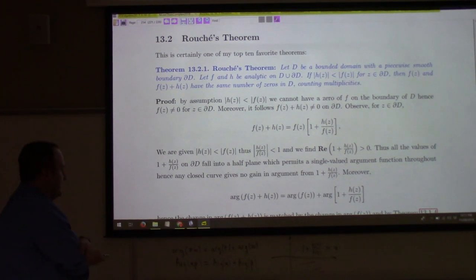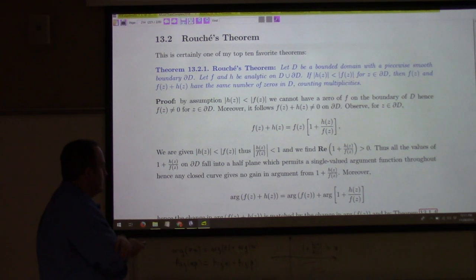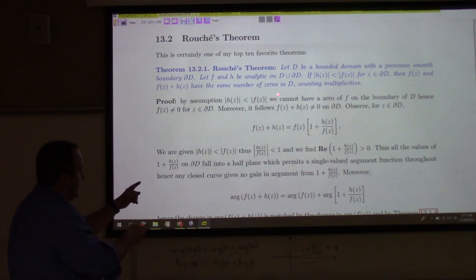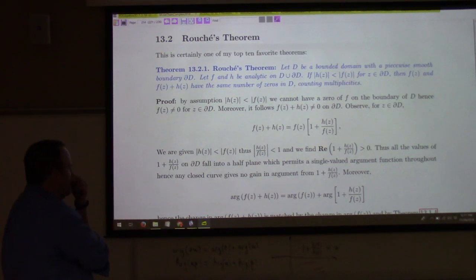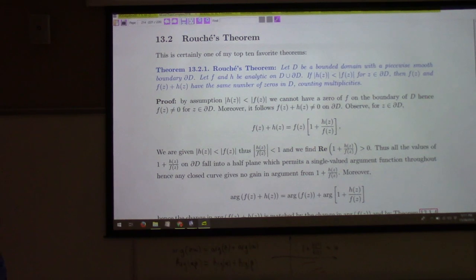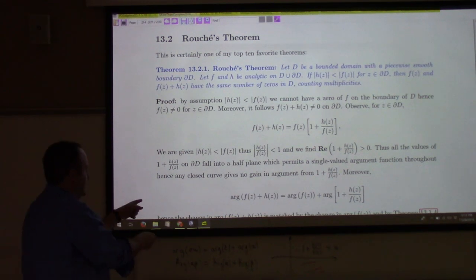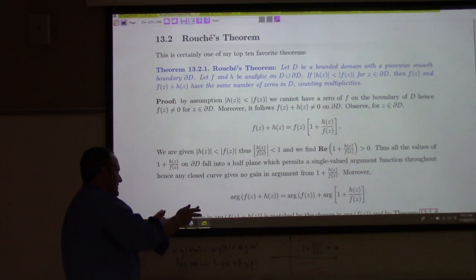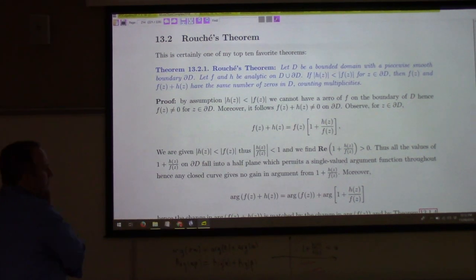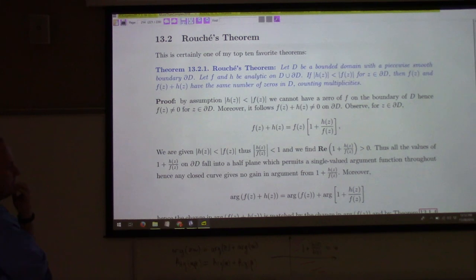I'm thinking of alpha as being f of z and beta as being 1 plus h over f. See, because we're taking the argument of this, and I'm not sure that's the thing. I'm debating what the logic is. I think this is true, but in what sense is it? Is this true as a statement about sets? Is it true as a statement about a single argument?